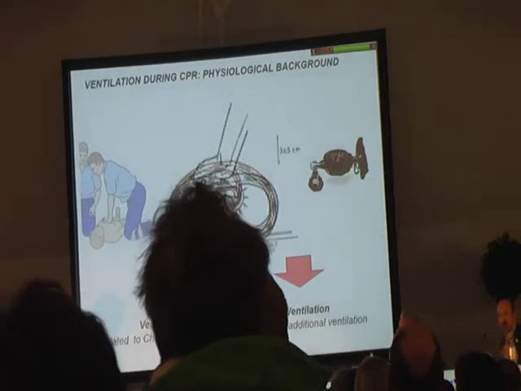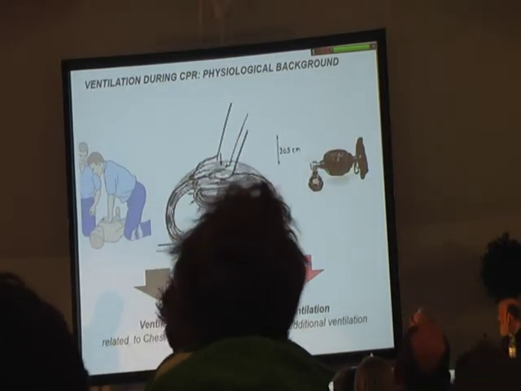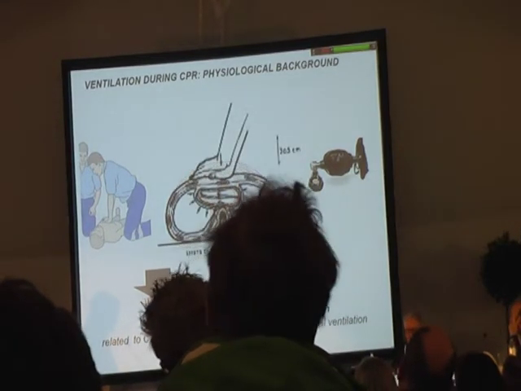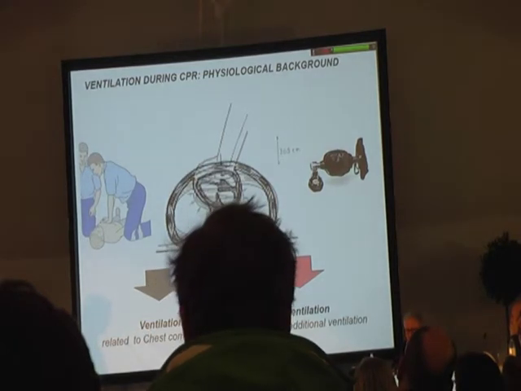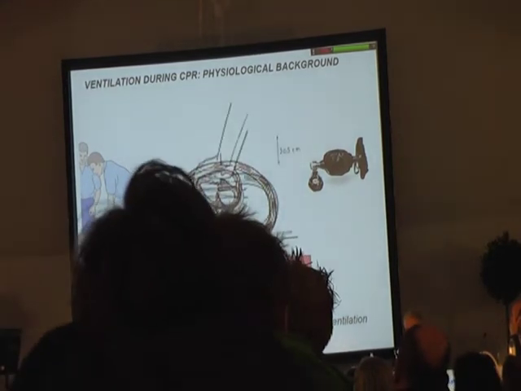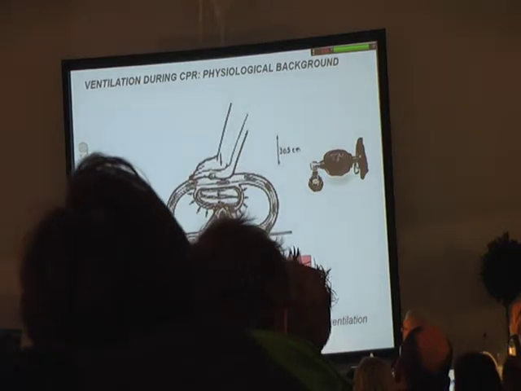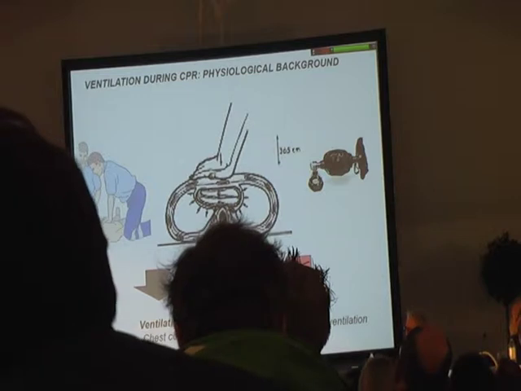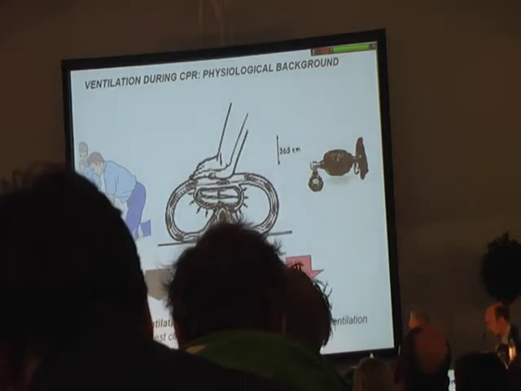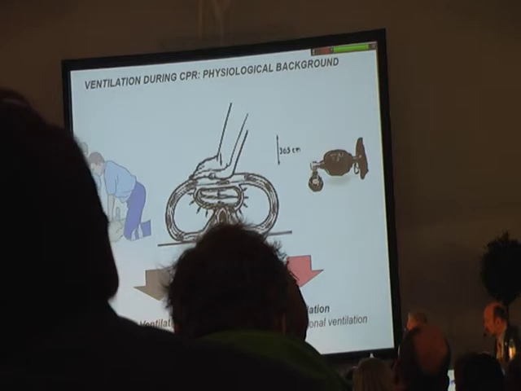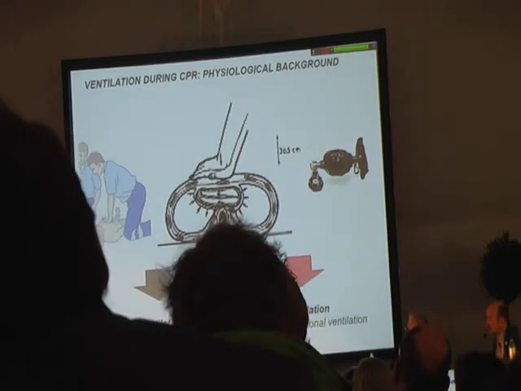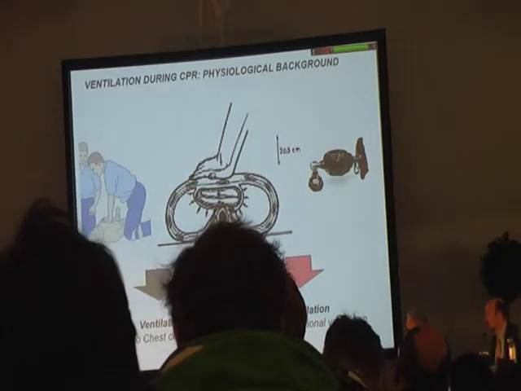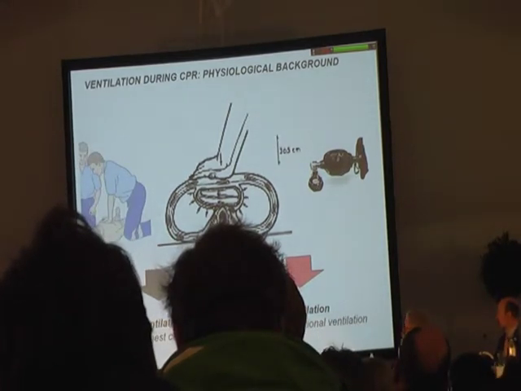Let's start with a very basic concept of physiology regarding ventilation. Probably you know that during cardiopulmonary resuscitation, ventilation is due, on one hand, to the chest compression. Each chest compression generates some tidal volume, which is usually very small, from 50 milliliters to 0 in some patients.